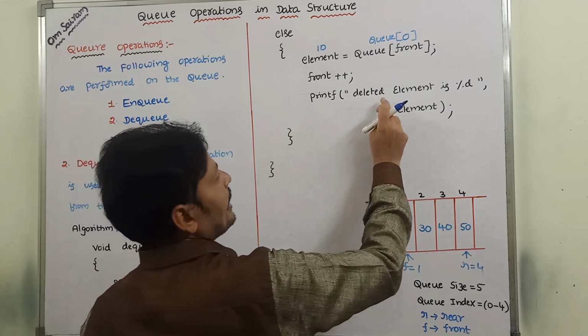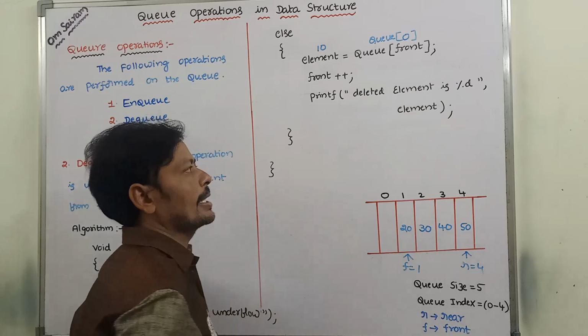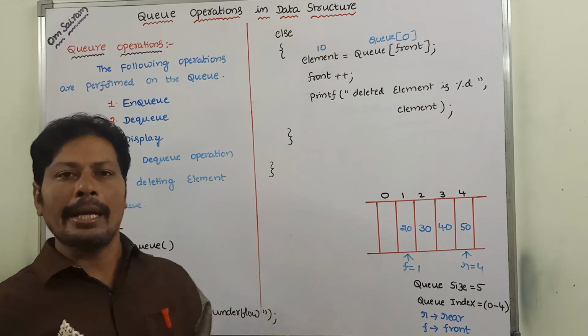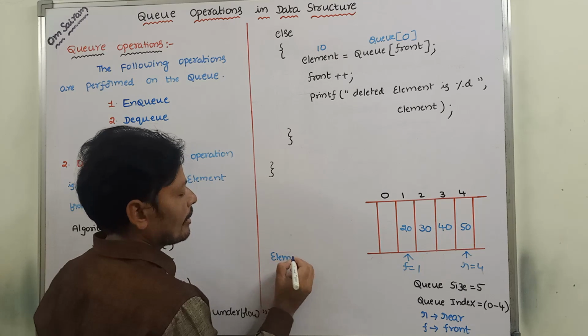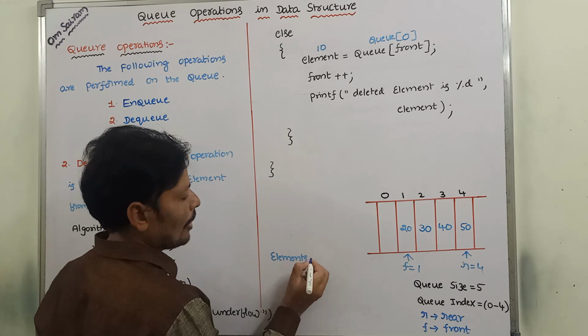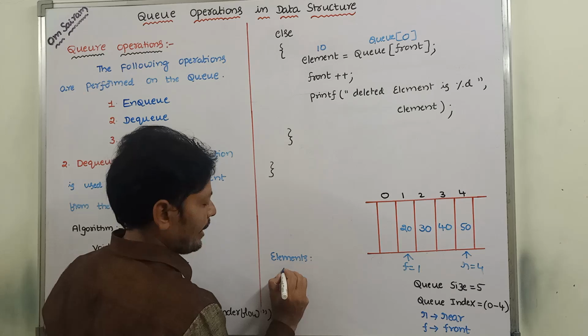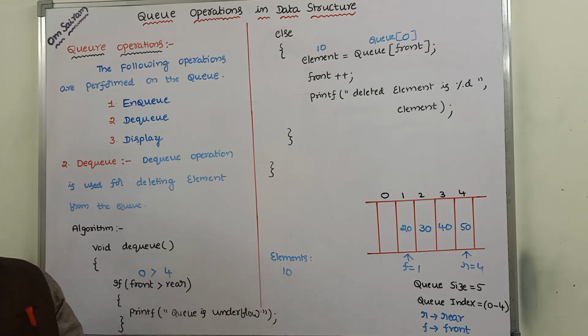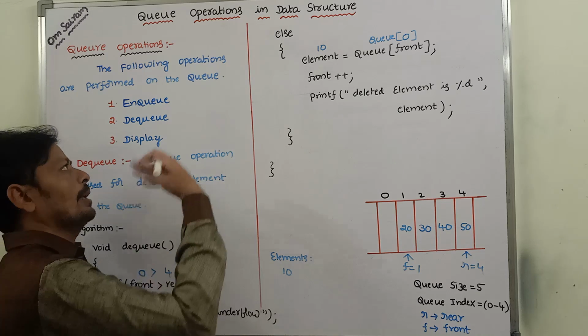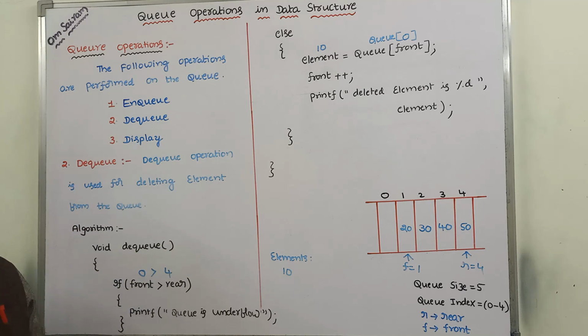Next, printf the deleted element is %d, comma element. So what is the element value here? The element that is deleted from the queue is 10. 10 is deleted from the queue and it is printed. Next, again we have to perform the dequeue operation.